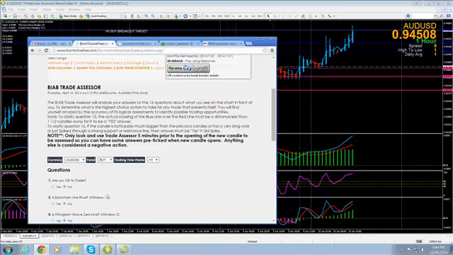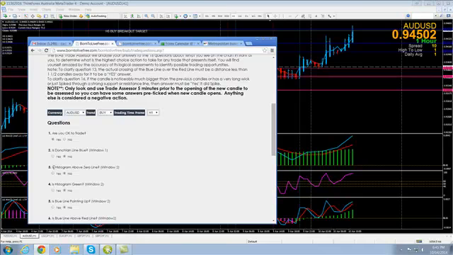Some of the questions you can answer straight away, prior to the candle opening. Question 1: are you okay to trade? Seriously, ask yourself the question. Sometimes you come back in a not so good mood, or you just had an argument, you're really not in the right frame to trade, so place a no then.